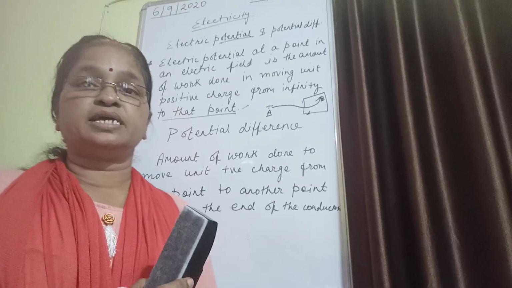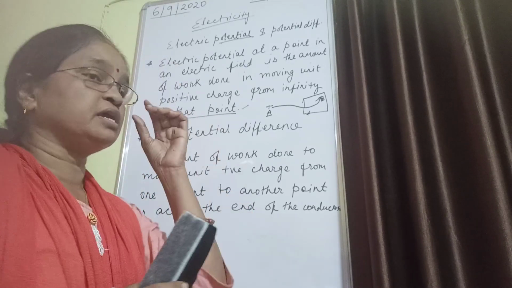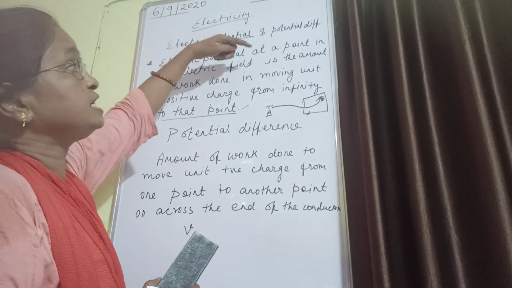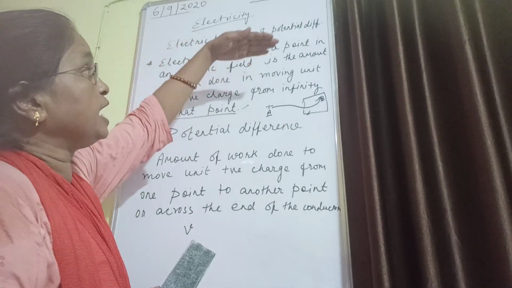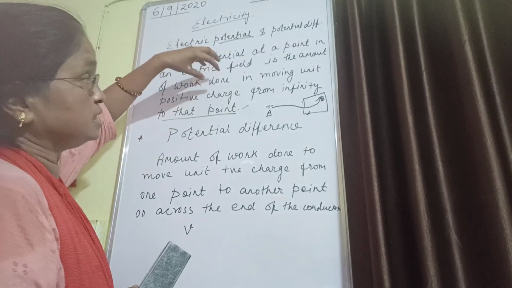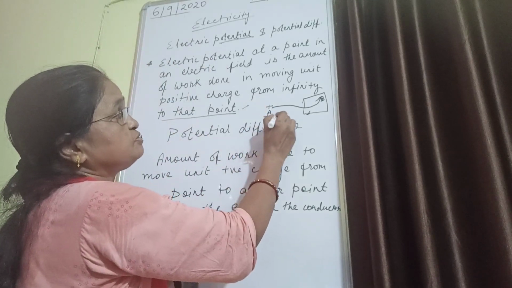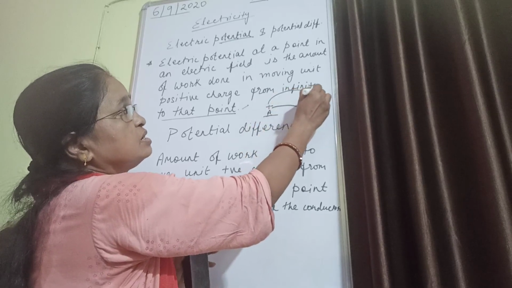This is known as electric potential. So again, once more I am saying the definition: electric potential at a point in an electric field is the amount of work done. See, to bring charge from point A to B, we have to do some work.